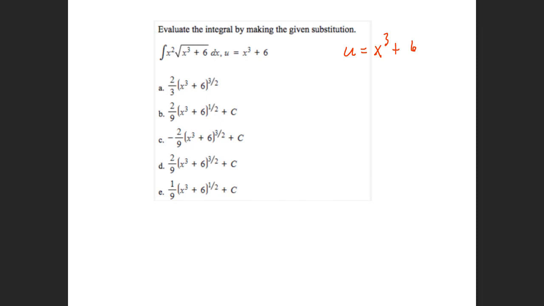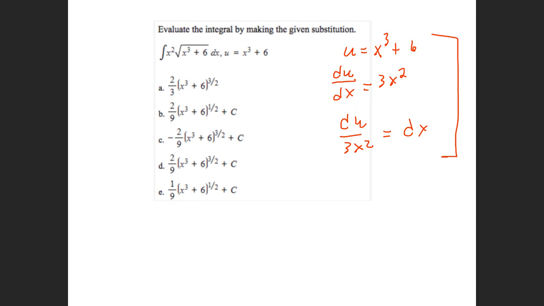Okay. So if I take the derivative of that, I get du dx equals 3x squared. So now I want to solve this for dx, so I end up with du over 3x squared is equal to dx. Okay, so far so good? Is this part okay?